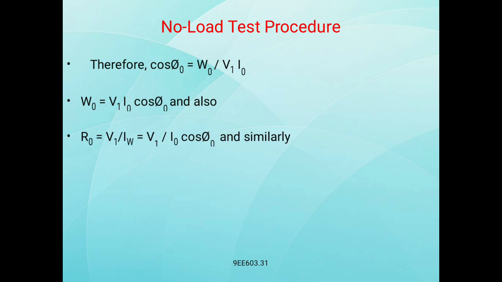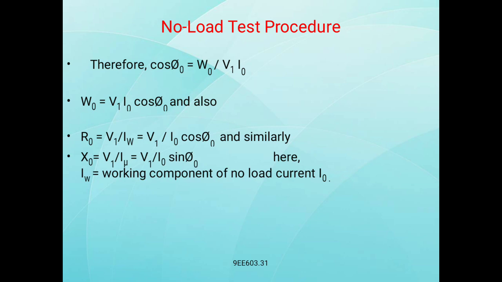Also R naught is equal to V1 by IW, that is V1 by I naught cos phi naught, and similarly X naught is equal to V1 by I mu, that is V1 by I naught sin phi naught.